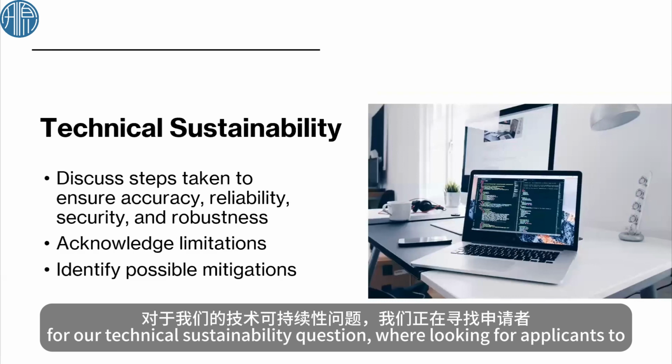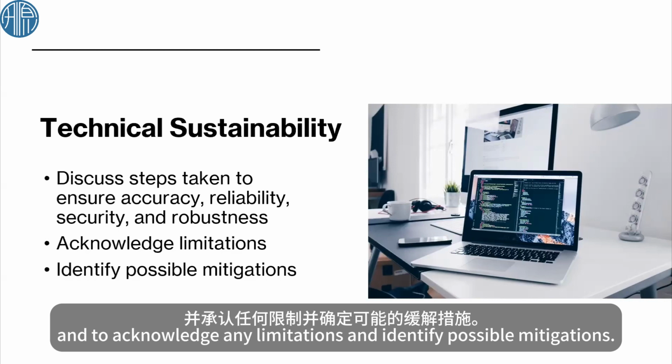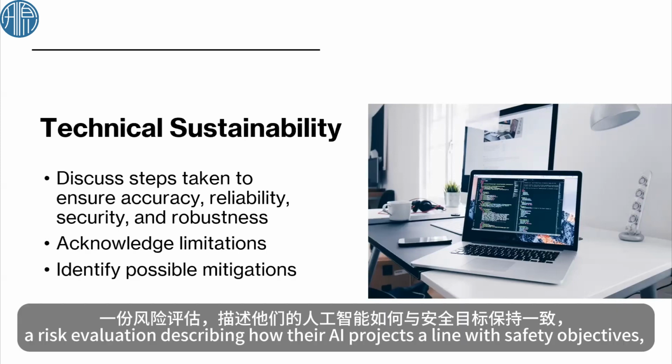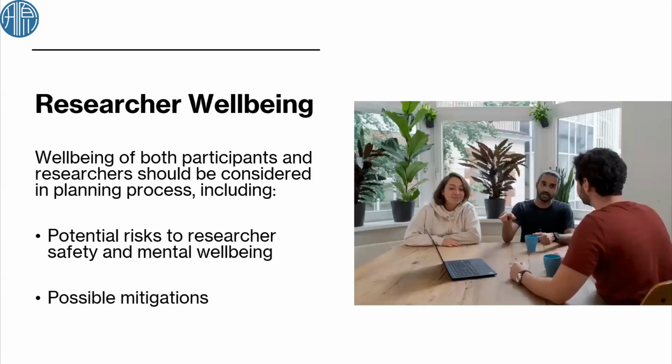For our technical sustainability question, we're looking for applicants to discuss the steps that they've taken to ensure accuracy, reliability, security, and robustness, and to acknowledge any limitations and identify possible mitigations. If the research team has conducted a safety self-assessment or a risk evaluation describing how their AI projects align with safety objectives, this would be the perfect place to state that on the application.